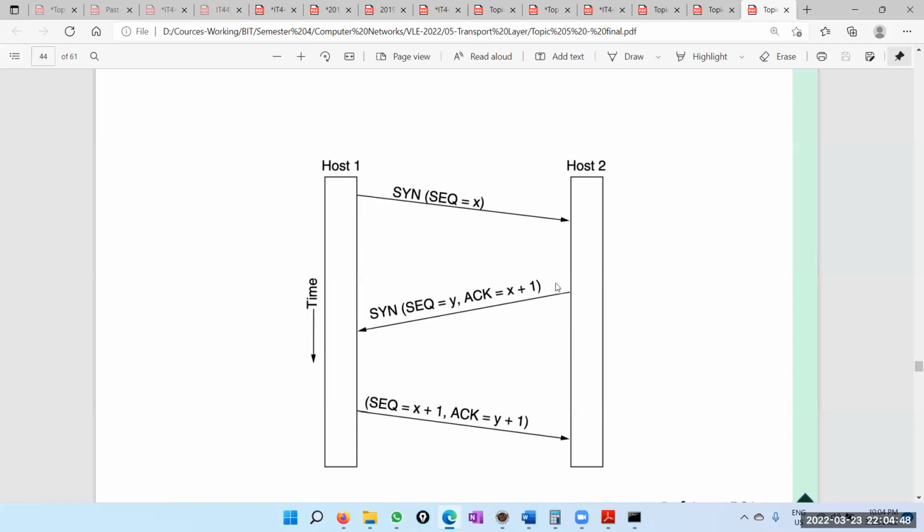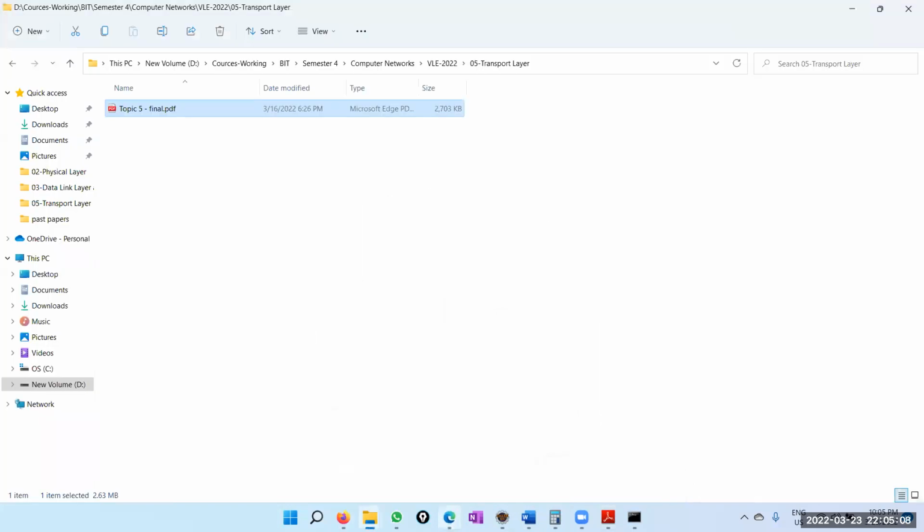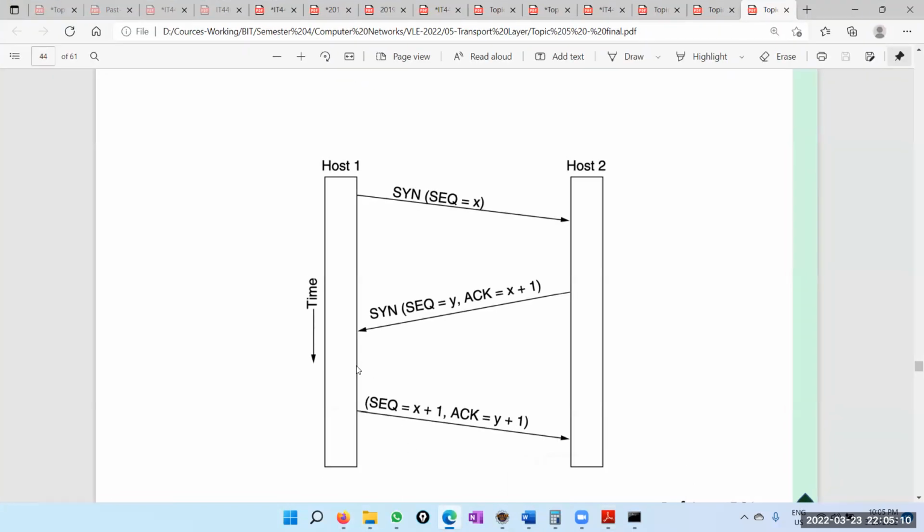When this guy gets y plus 1, host 2 knows that the round trip is also okay. Now both parties are 100% assured that the round trips are happening. So that is what is meant by a three-way handshake. Right. So you have to draw that diagram and maybe explain a little bit. Okay.